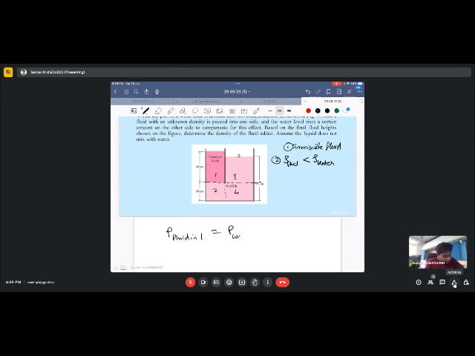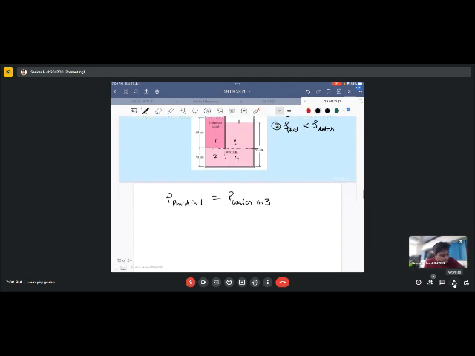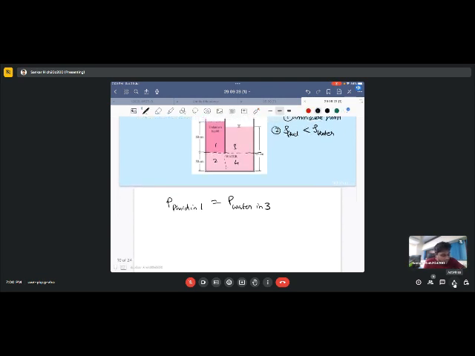The pressure of the fluid in 1 should be equal to the pressure of water in 3, and the pressure of the fluid in 1 and 2 will be equal to the pressure of the water in 3 and 4. That can also be used.